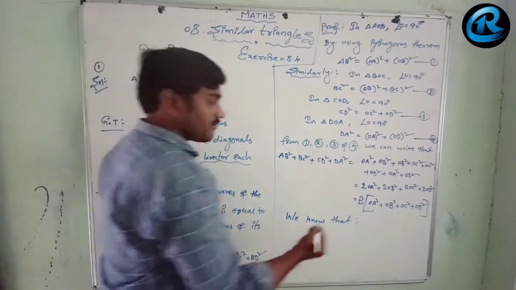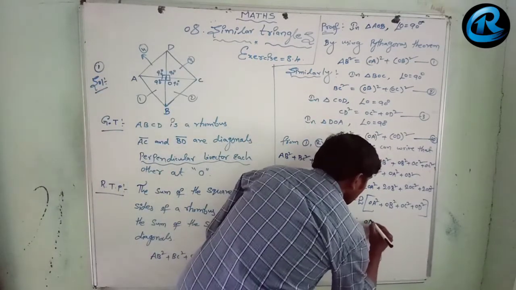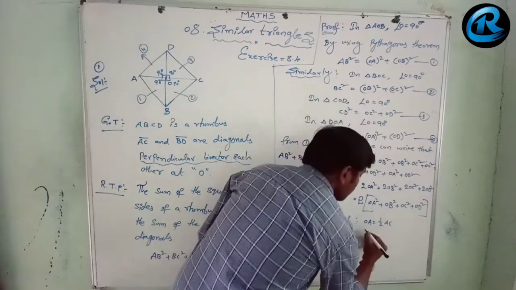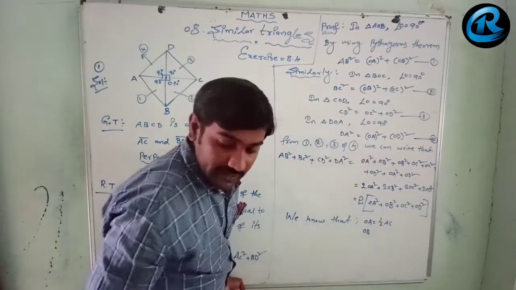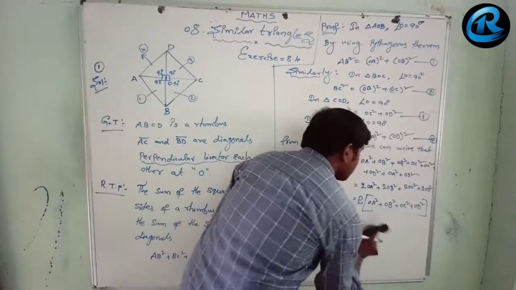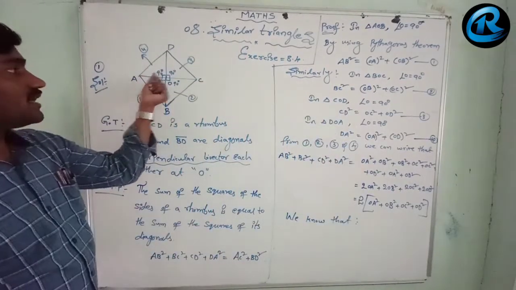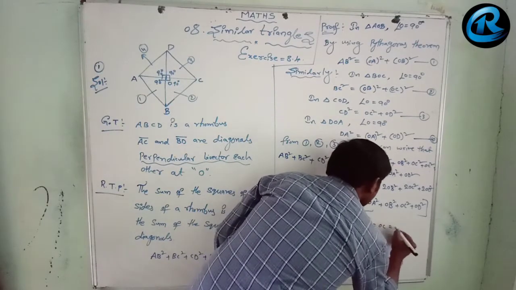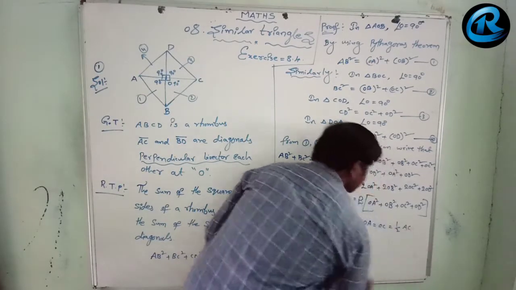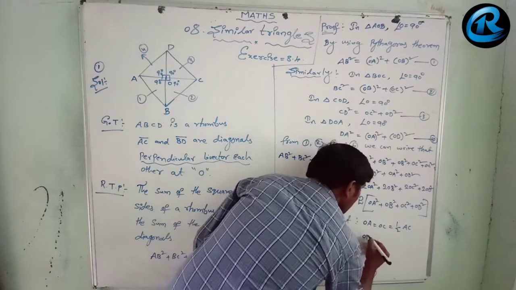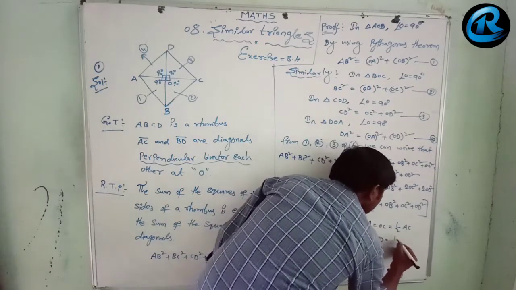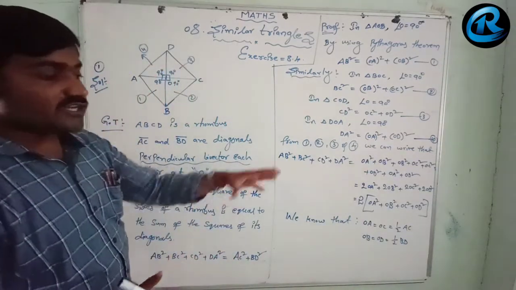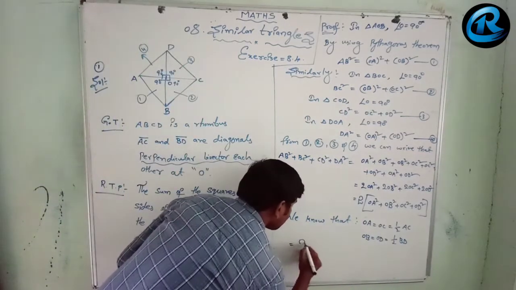That's what we have to remember. So I can write OA equal to OC equal to half of the AC, and OB equal to OD equal to half of the BD. So these things I need to substitute here. Let us go for that.